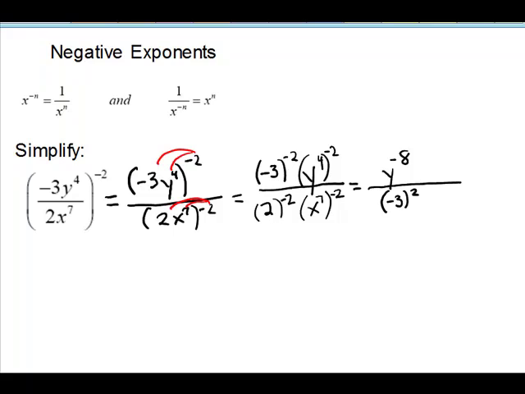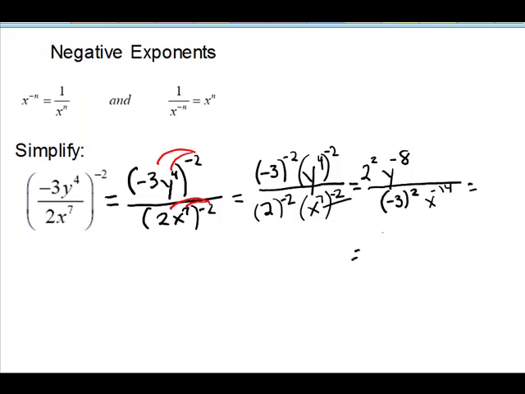So we're going to shift it up, and it will get a +2 on the outside. And our x we can work out will give us x to the -14. And now we'll finish those up.